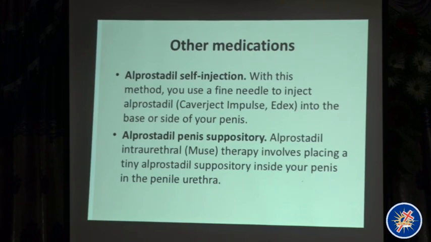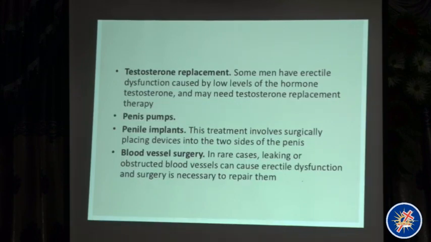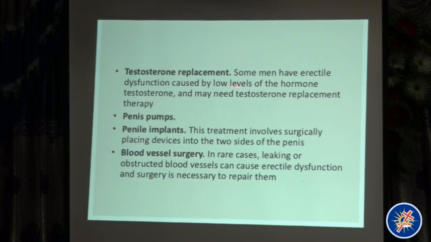And then finally, replacement of hormones. Some men have erectile dysfunction because of low levels of hormone, so you can be given extra hormone. Then there is that one called penis pumps, penis implants, and blood vessel surgery.